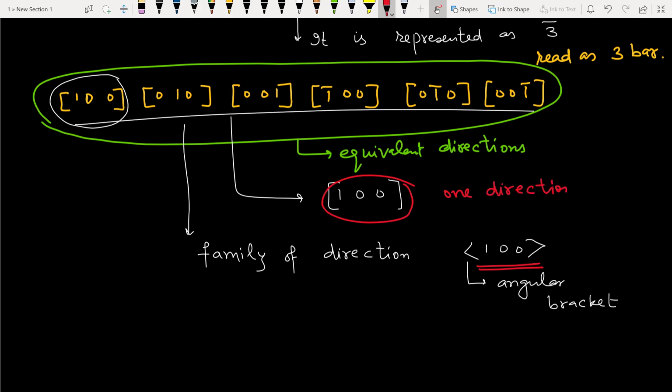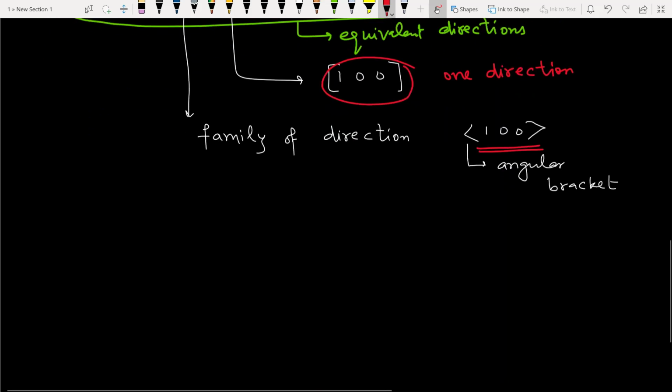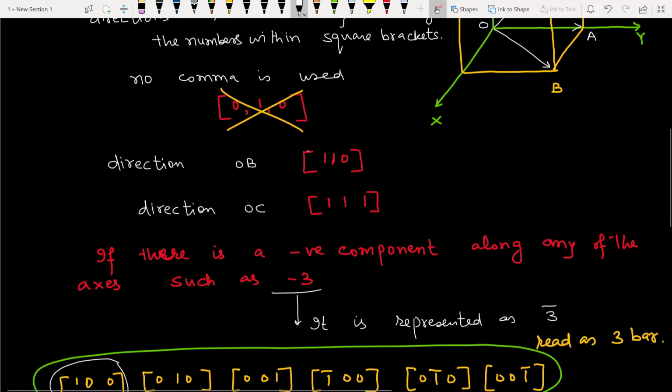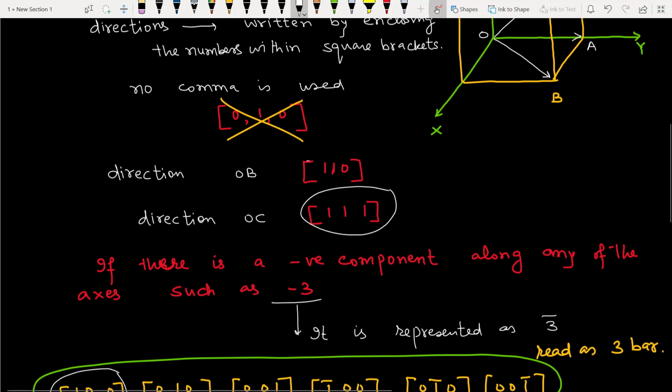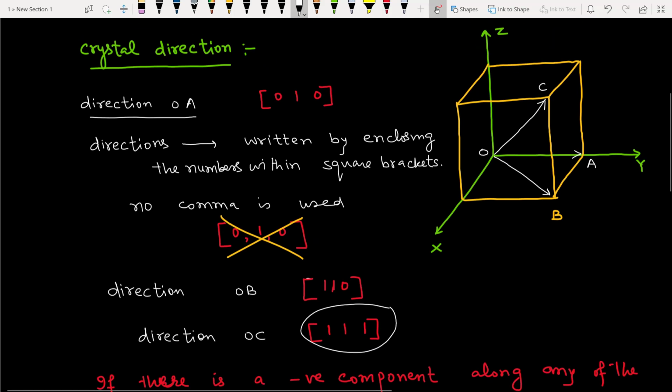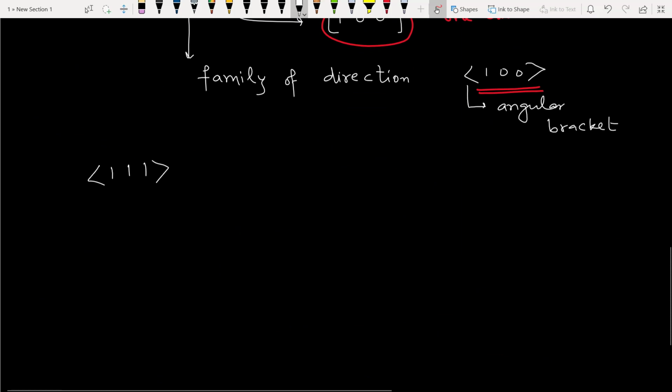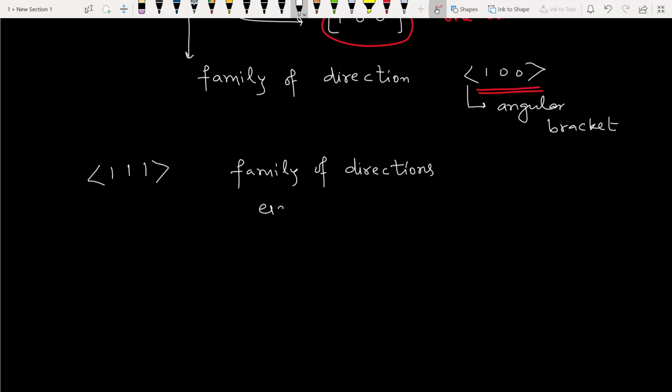So this is a rule. Square brackets stand for one direction, angular brackets stand for a family of directions. So if we write square bracket 1 1 1, it is the OC direction, it is one direction. But when we write angular brackets, it is a family of directions. How many members will be there? It will have 8 members.